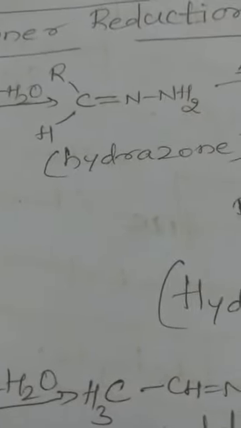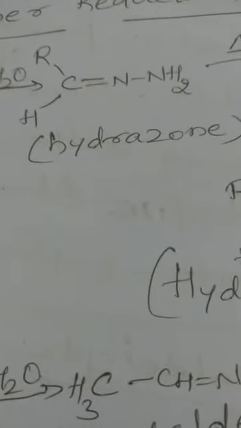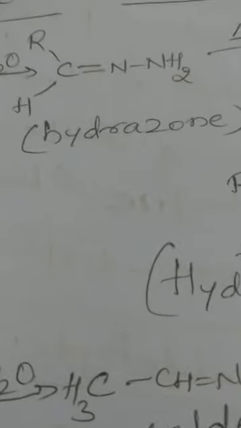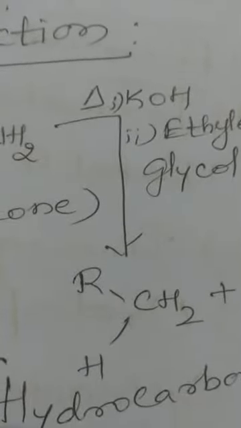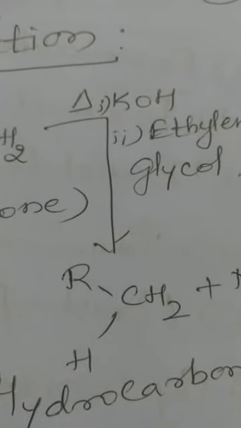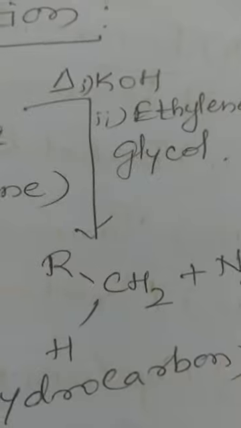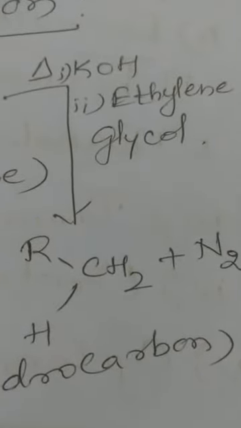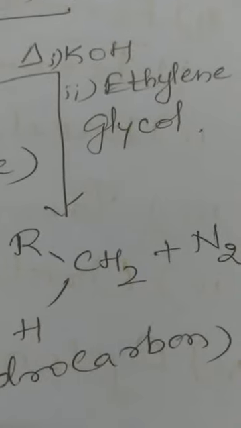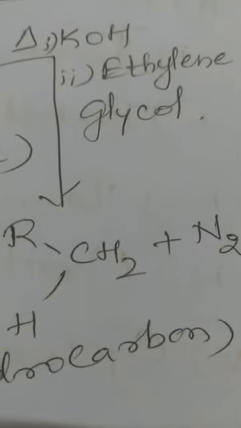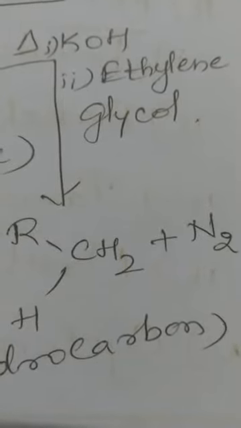Now this hydrazone which is formed will further react with alkali on heating. The alkali used is potassium hydroxide in the presence of a high boiling solvent. An example of a high boiling solvent is ethylene glycol, which is a dihydric alcohol, the structure of which I have explained in the topic alcohols.